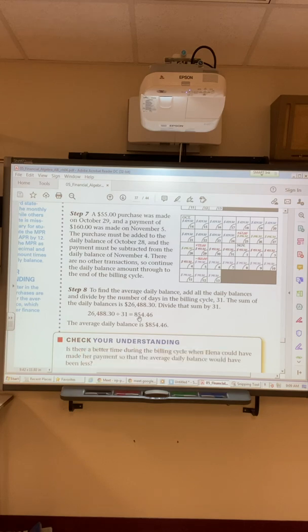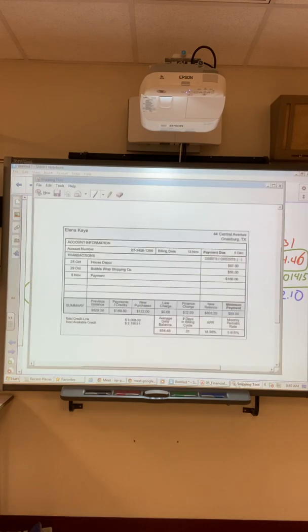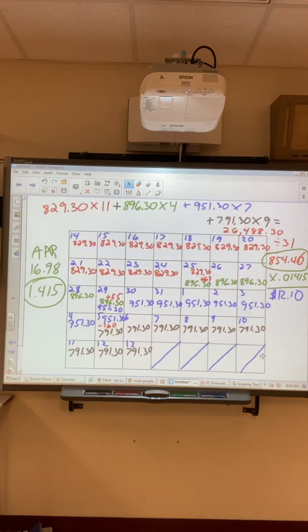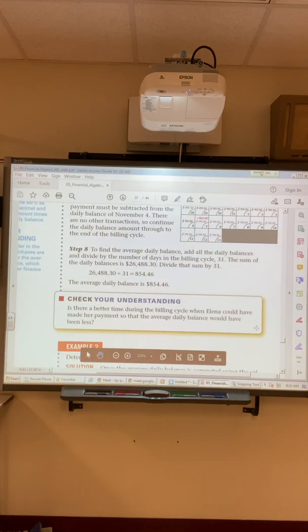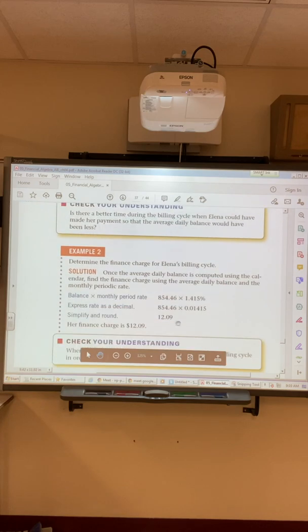They got 854.46 as the average daily balance, and we got 854.46. All right, so we got this number the same. So that means they take, simplify and round.